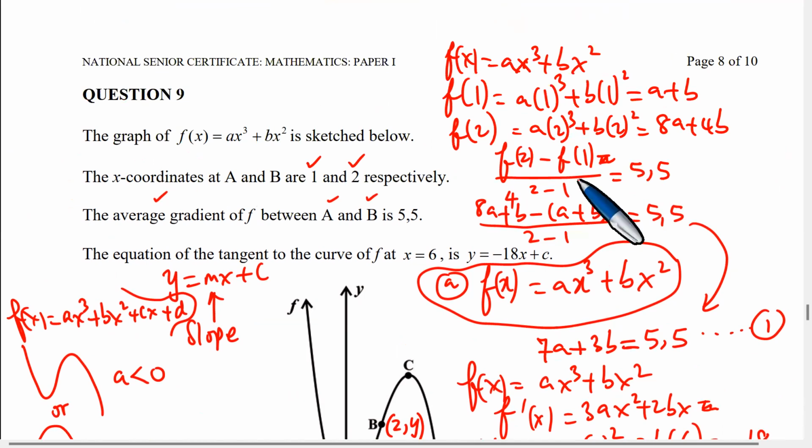And now this is the average gradient. What is the average gradient? You have been told that the average gradient, which is the slope between the points A and B, is 5,5.